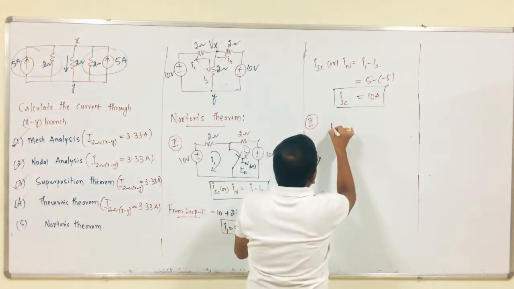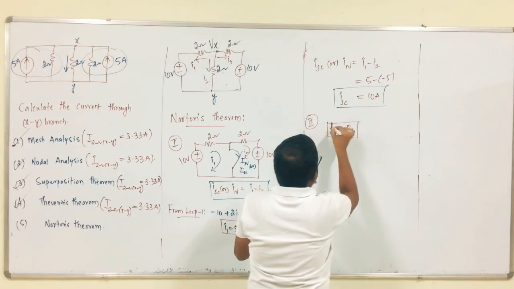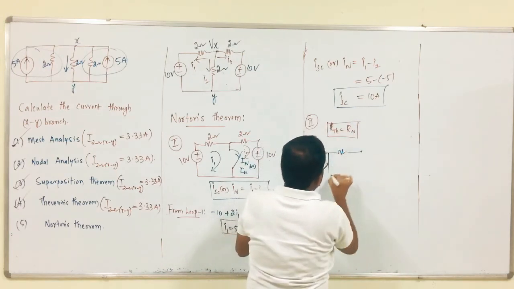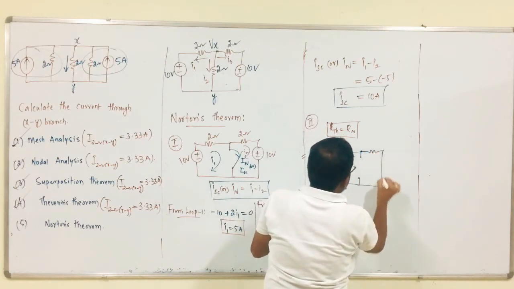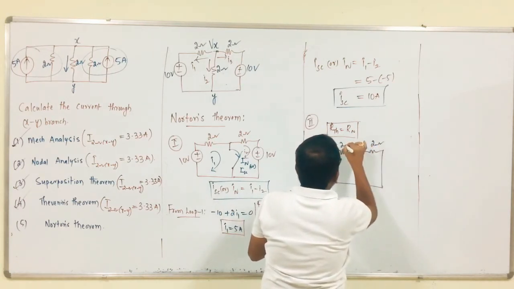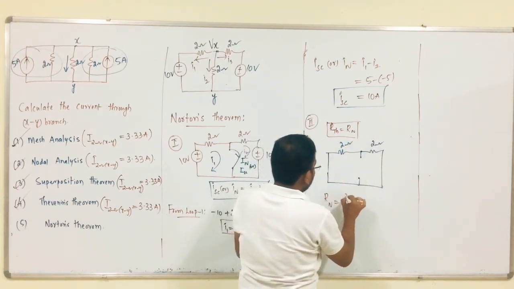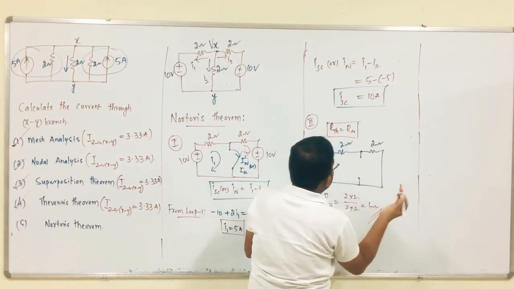RTH equals RN, that is short circuit, 2 ohm, these two are in parallel. So, RN equals 2 into 2 by 2 plus 2, that is 1 ohm.